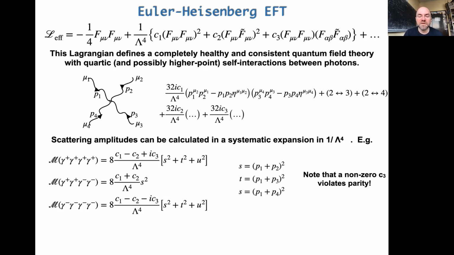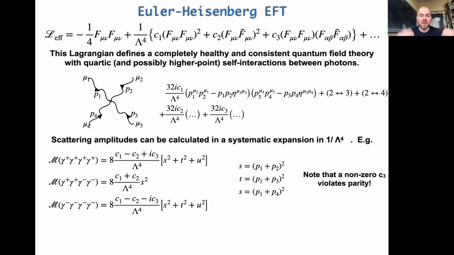And one last thing I want to show: if you calculate this amplitude, you find that the amplitude is different for polarizations plus plus plus plus and polarizations minus minus minus minus. The difference is that the contribution of this C3 operator, or the C3 Wilson coefficient, flips the sign between the two amplitudes, and that means that the effect of this operator violates parity symmetry.